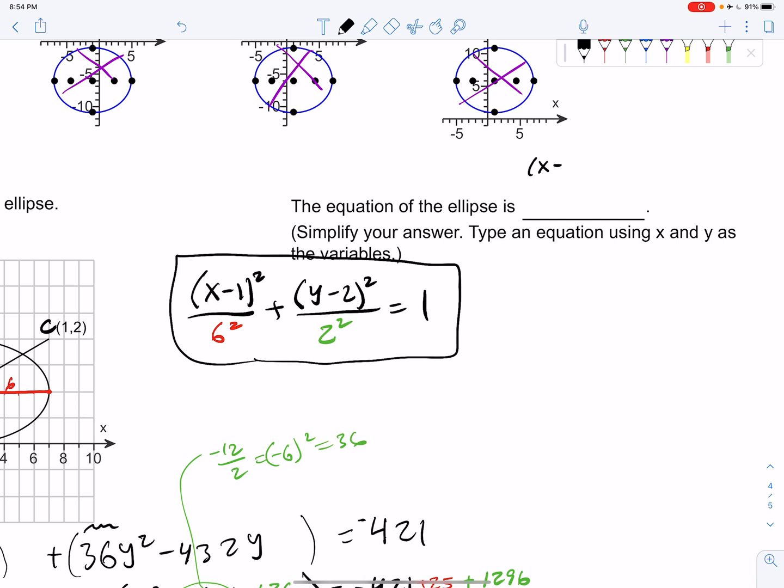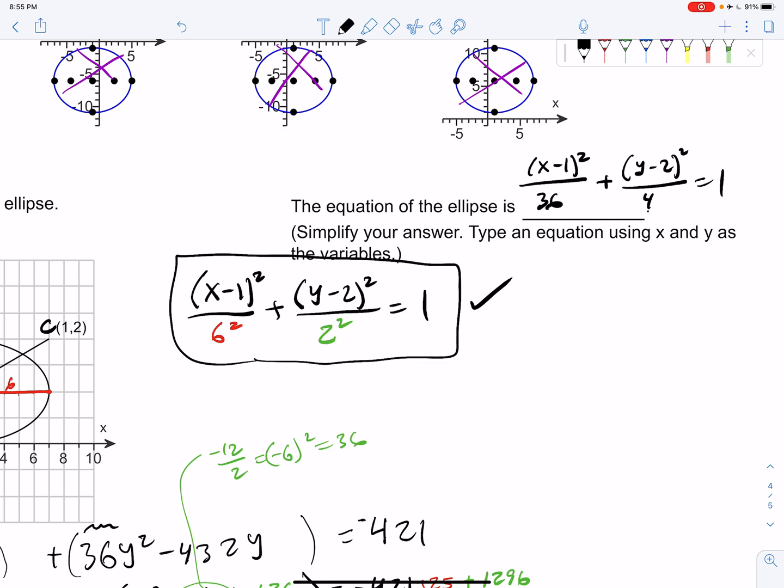But they're probably going to want to say quantity x minus 1 squared over 6 squared, which is 36, plus y minus 2 quantity squared over 2 squared, which is 4, and that equals 1. Once again, as I said before, if you wrote this and they said it was wrong on the test and didn't give you any credit, you could always go back and look at your answers after you do a test.